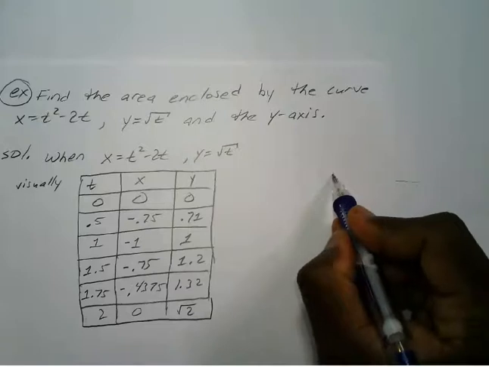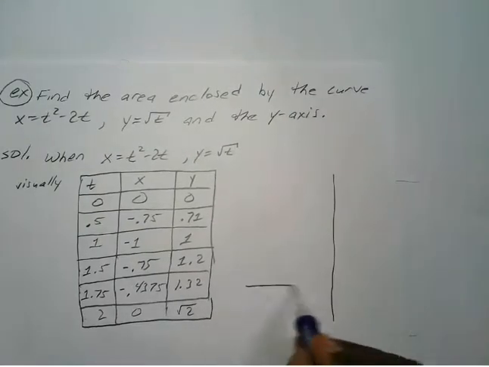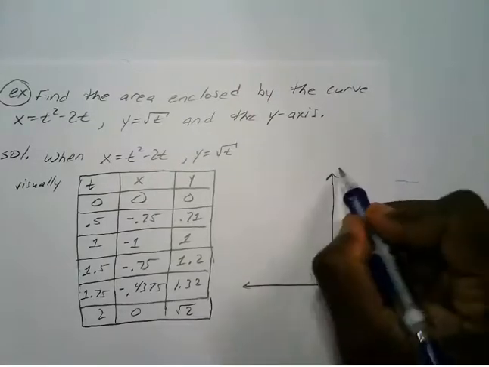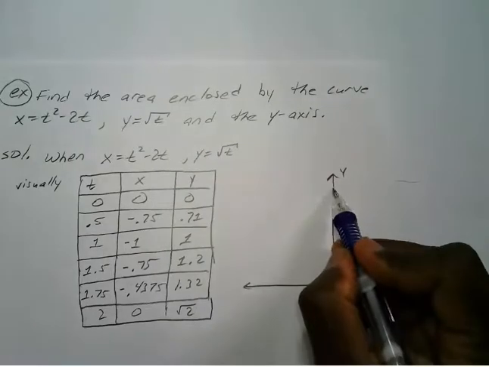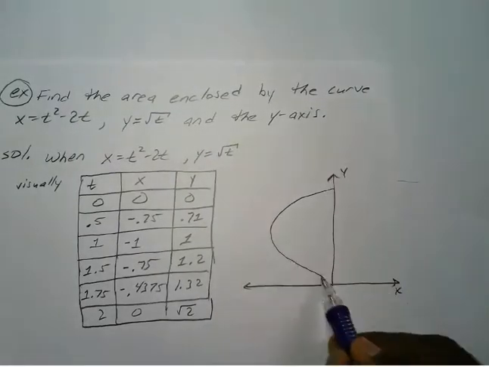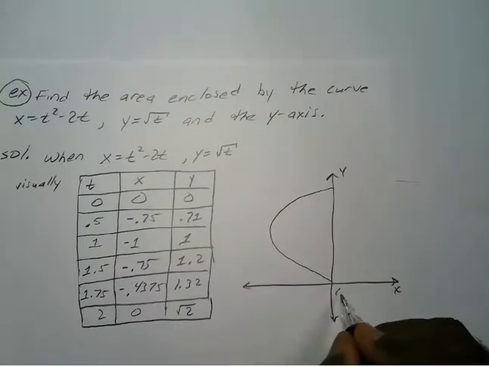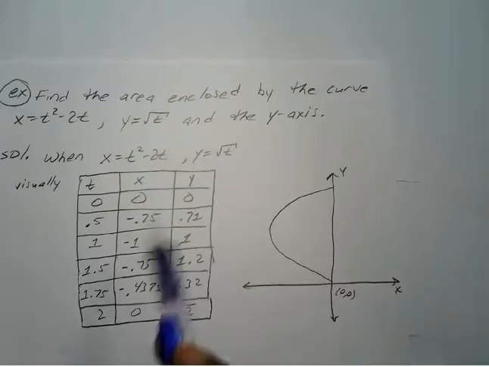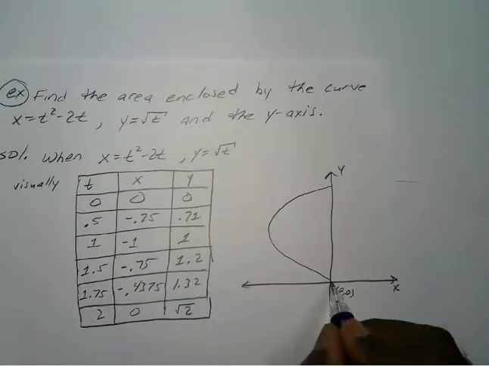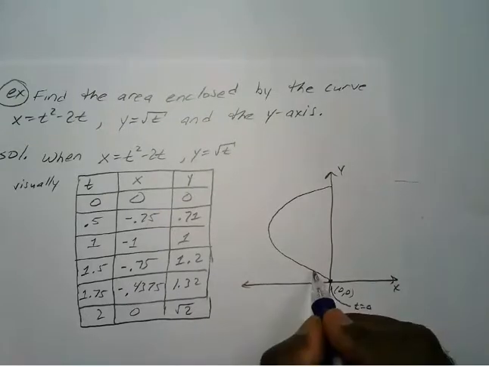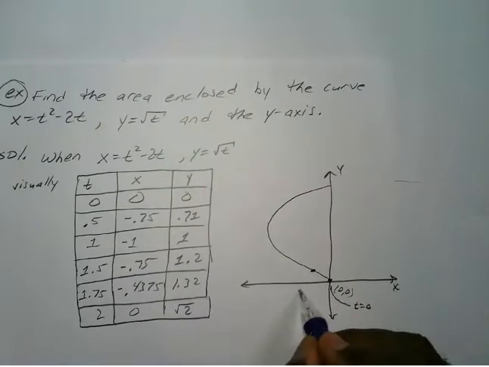So if we decide to graph this, with our x and y axes, our graph will look something like this, where this is our (0, 0), where we're starting. This point here is about where t equals 0 would be. As we go up, your t equals 0.25 will be right around there.